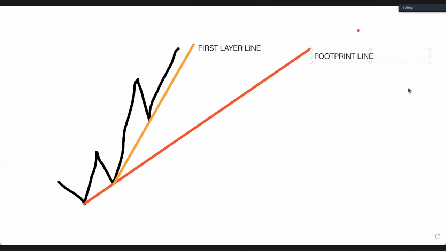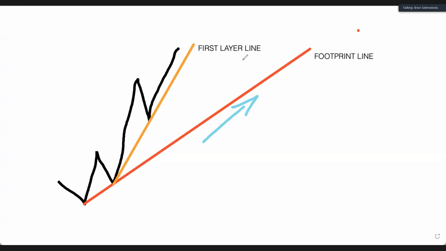So the red line, it is the footprint line, and normally this line is the one that shows us the slope of the market. It is the one that shows us the slope of the market.